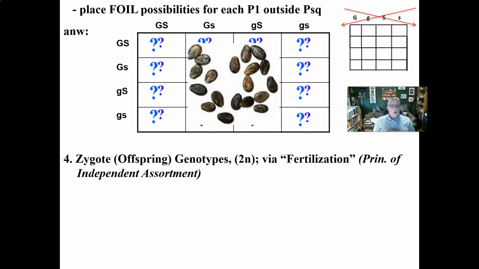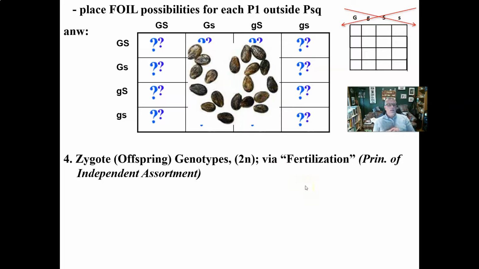The answers are going to be 2N. So just like the parents, they're going to have a total of 4 alleles. This is proven by means of fertilization. You know, this pollen grain could combine with this ovule and make this seed. Or this pollen could combine with this ovule and make this seed. What would be all the possibilities, right?